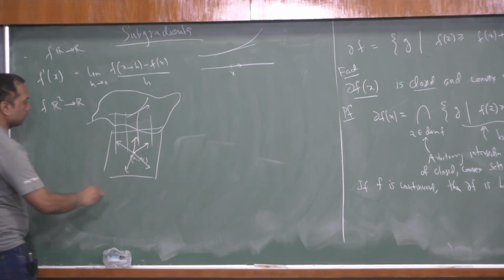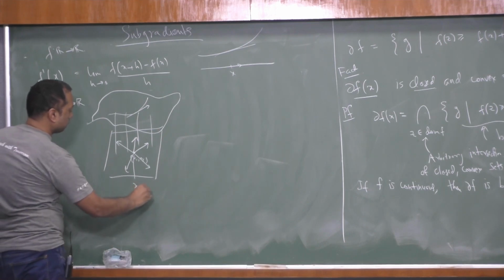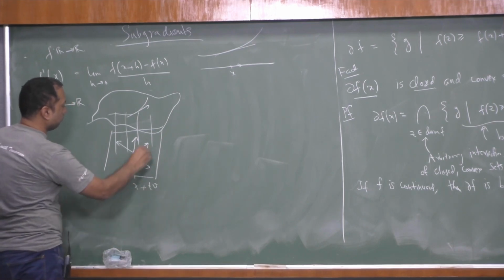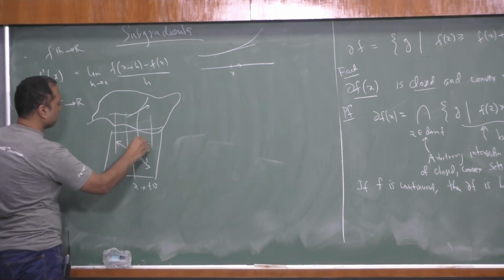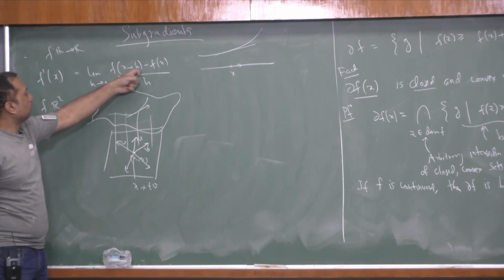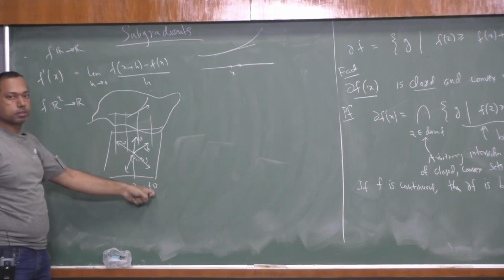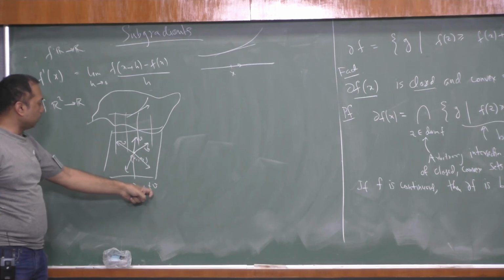So if this point is a vector x, then I can ask for tv, where v is some direction; it could be this one, or this one. Instead of making an increment in x by h, I generalize this to tv and let t go to 0.